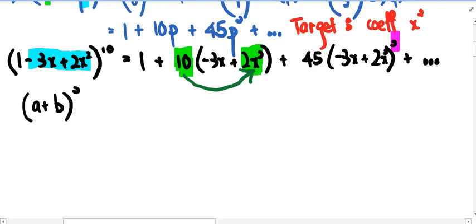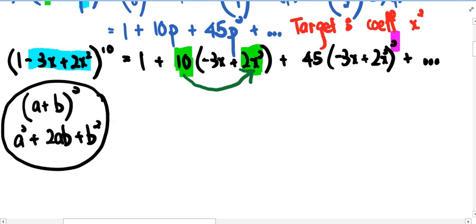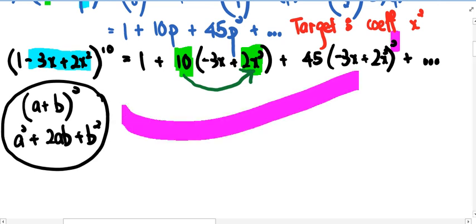How do we expand a plus b whole squared? a squared, plus 2ab, plus b squared. This concept must be applied here. Alright, so I'm going to apply that concept. But again, I don't need to do a full expansion.